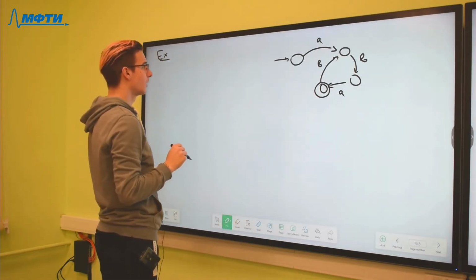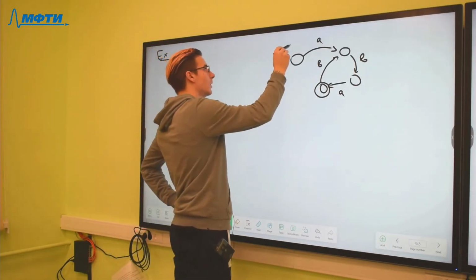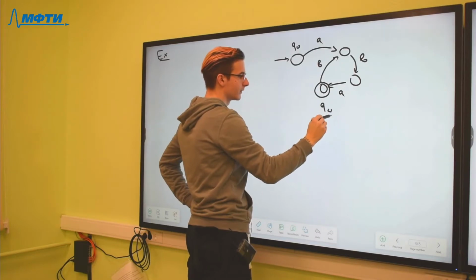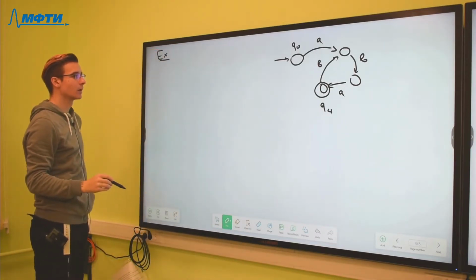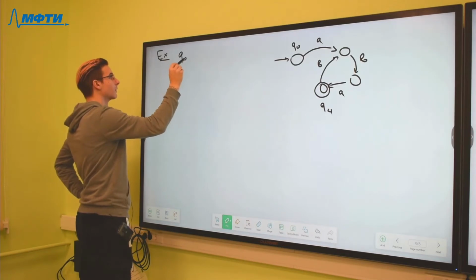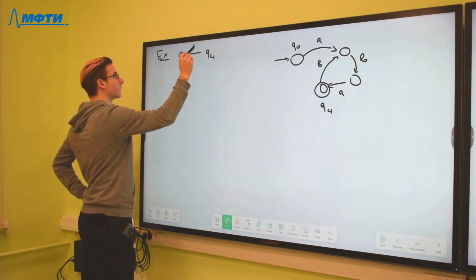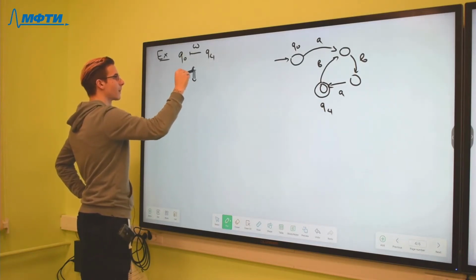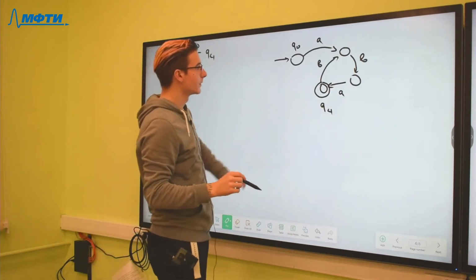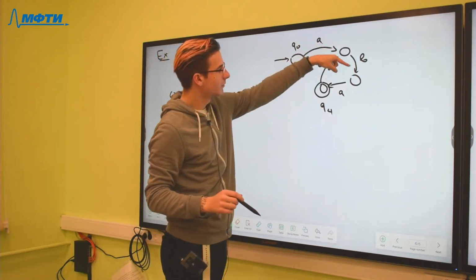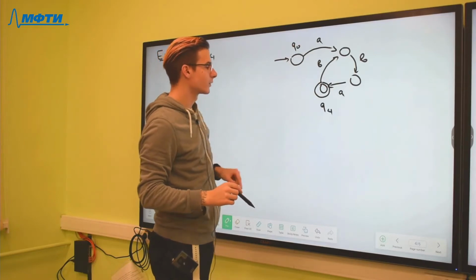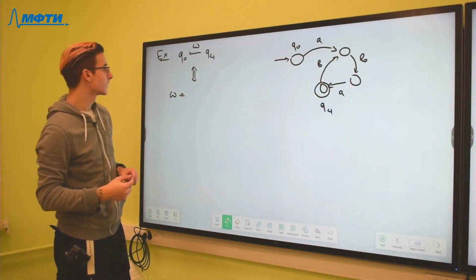So, if we try to imagine how we can start with this vertex and end with this vertex, we understand that all the words that start with this vertex and end with this vertex have a structure equal to the prefix with the characters A, B, A. It is the unique path from Q0 to Q4 without cycles in it.